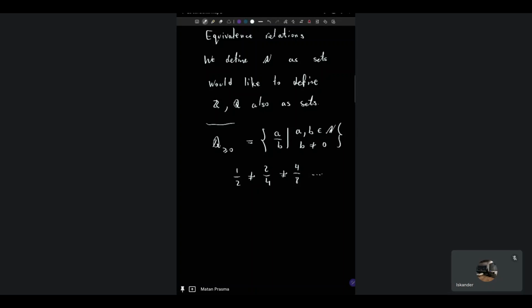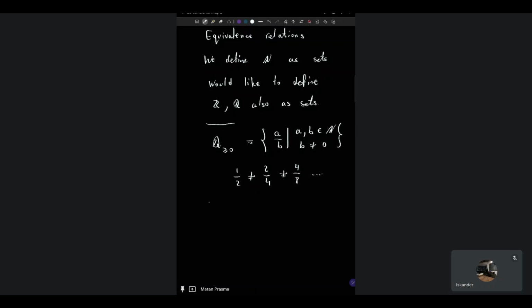So this you can think intuitively as kind of a gluing procedure. We have some set and we want to pinch some subsets in it into actually one element. But what does it mean to be equivalent?